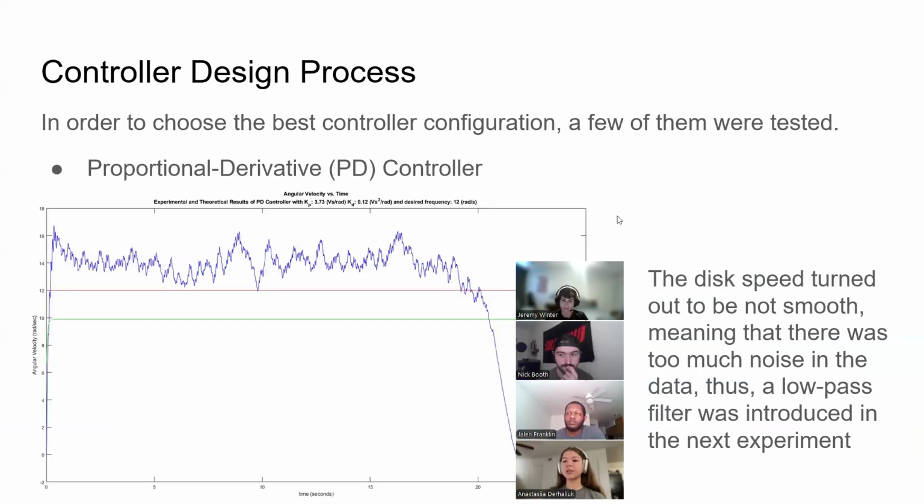Our controller design process started with testing the proportional derivative controller. Here on the presentation, you can see the graph that we had as an output. You can see that the disk speed turned out to be not smooth, so there was too much noise in the data. Thus, we decided to test this setup with a low-pass filter.